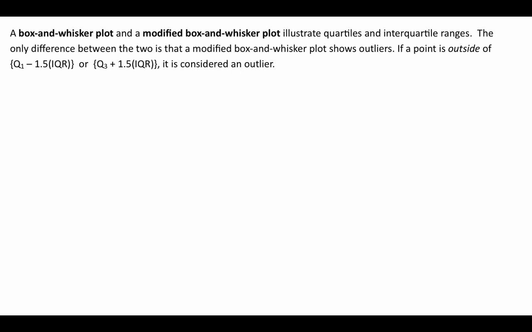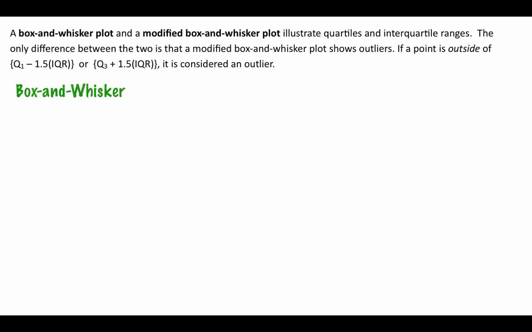We have a test to determine whether a point is outside of our data range. We're going to discuss these 2 conditions later, but this is a test that we can use to determine if something is an outlier. Basically, if it's beyond a certain range, then we say it is. So we're going to come back to these 2 little formulas in a moment.